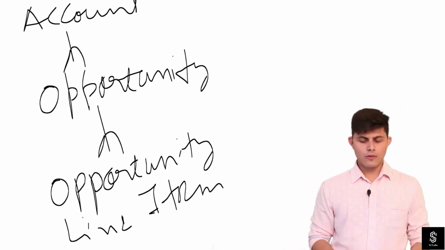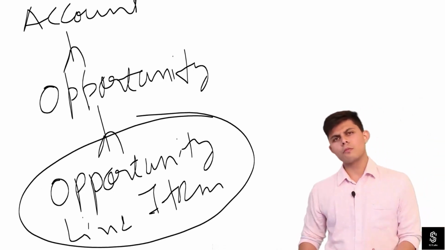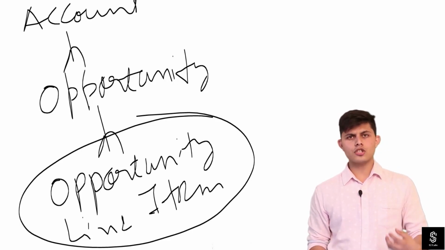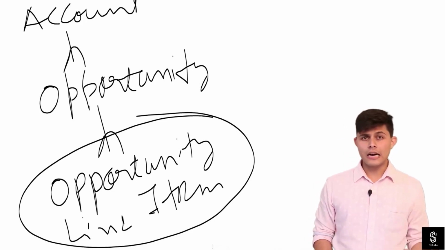In here, what I'm doing is querying the records on the opportunity line item object. So will I be able to get the information of opportunity? Yes, obviously. This is exactly what a child to parent relationship query does.